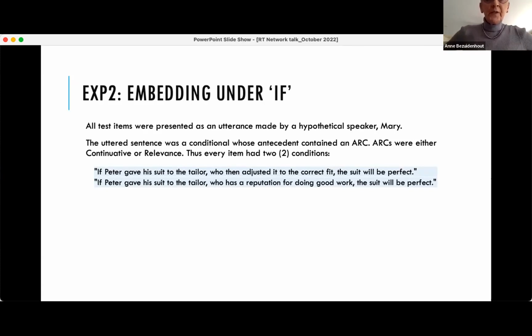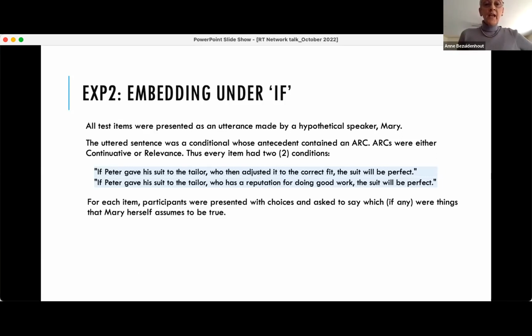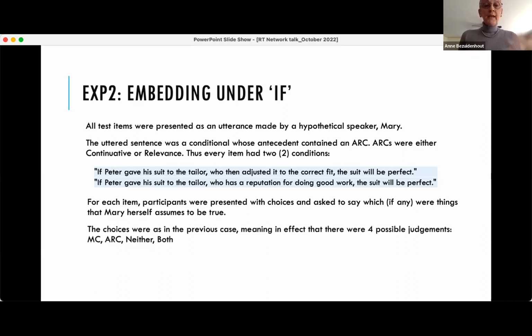Versus if Peter gave the suit to the tailor, who had a reputation for doing good work, the suit would be perfect. Again, each item was presented with the same choices as before, where you have to say which one Mary herself assumes to be true. And ultimately, we can take out of people's answers whether they think it's the main clause, the arc, neither, or both.